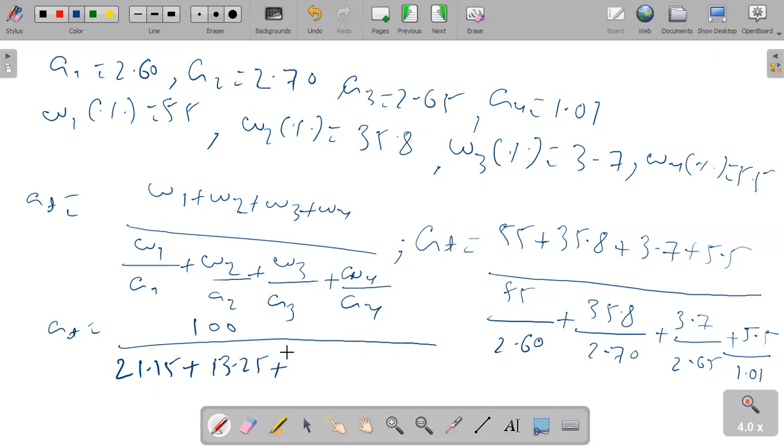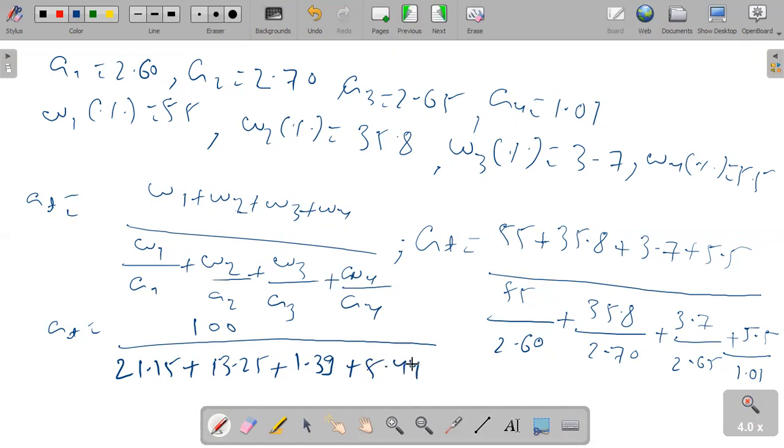If we divide 3.7 by 2.65, it is 1.39, plus 5.5 divided by 1.01, it is 5.44.